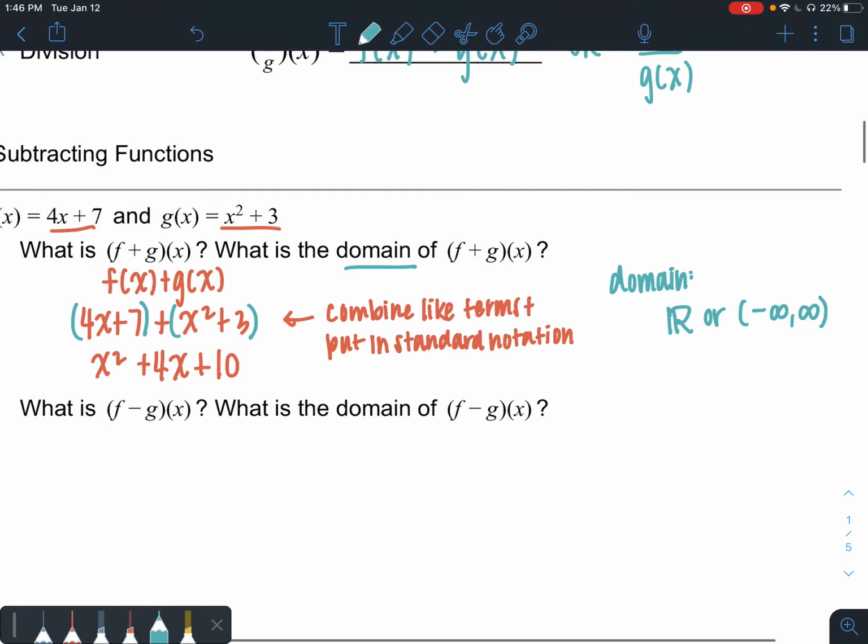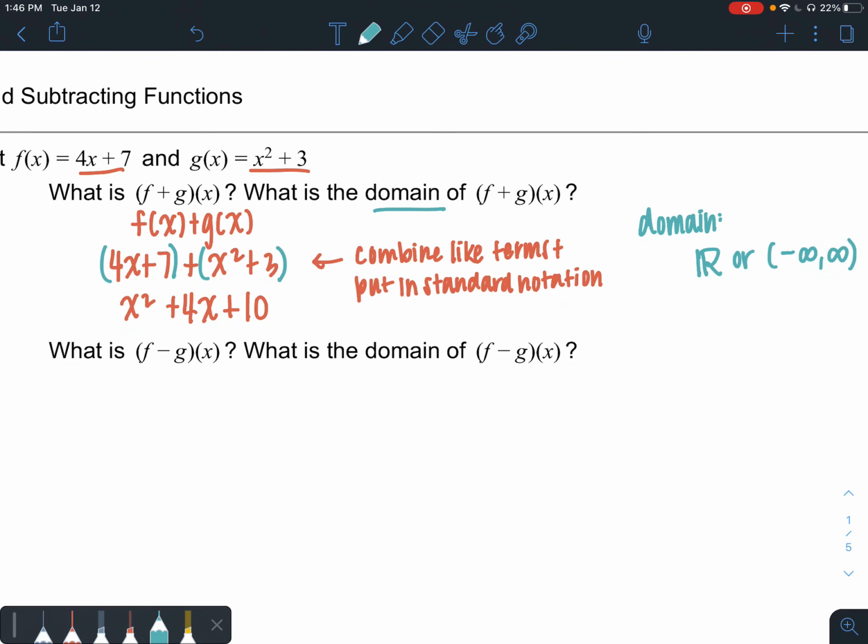All right, let's jump into the next one. What is f minus g of x? That's the same thing as f of x minus g of x. So I'm going to put two parentheses with a minus in between. f of x goes in the first one, so that is 4x plus 7, which is given to us up here.